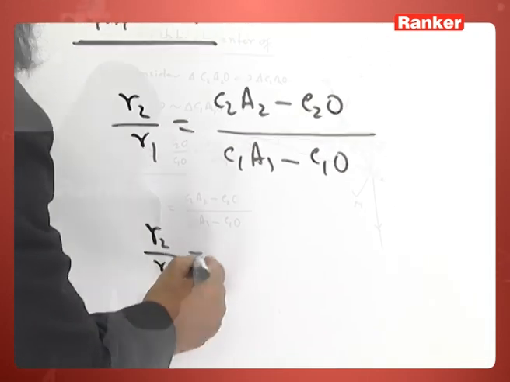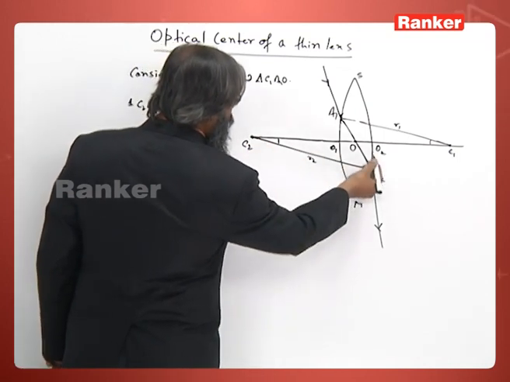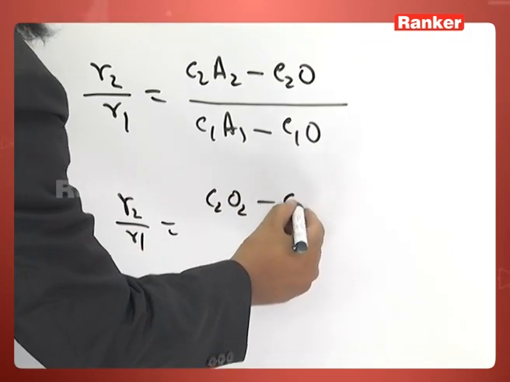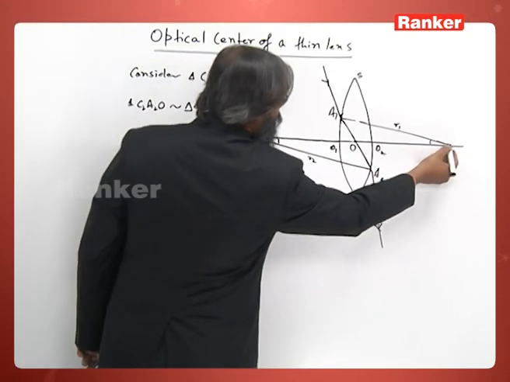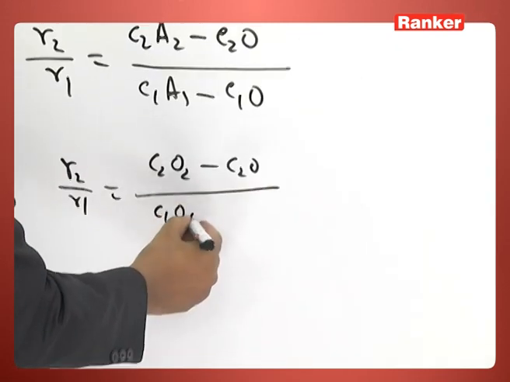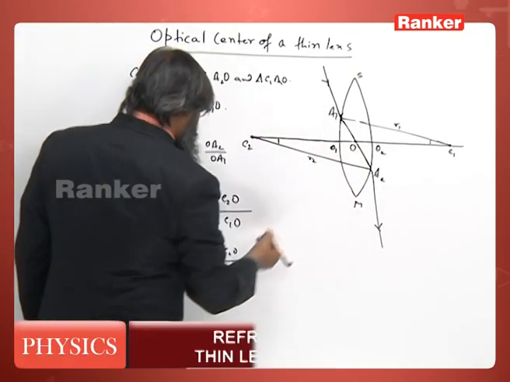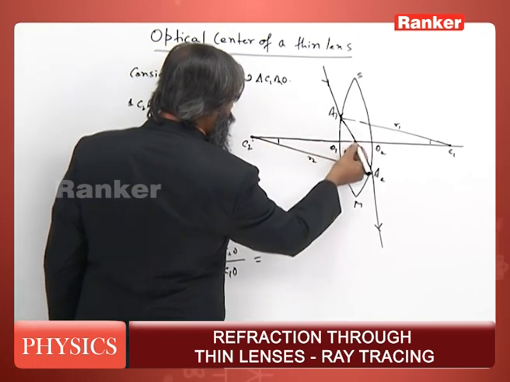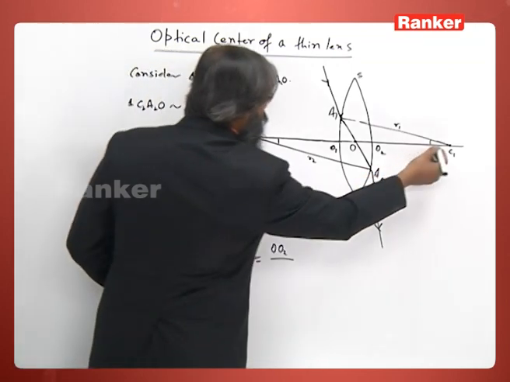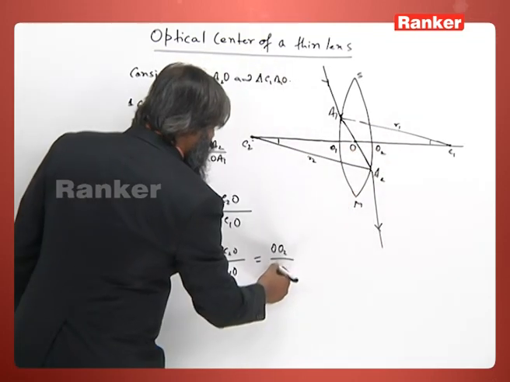So R2 by R1 is equal to C2A2 minus C2O by C1A1 minus C1O, where C2A2 can also be written as C2O2 and C1A1 is nothing but C1O1. C2O2 minus C2O is OO2, and C1O1 minus C1O is OO1.